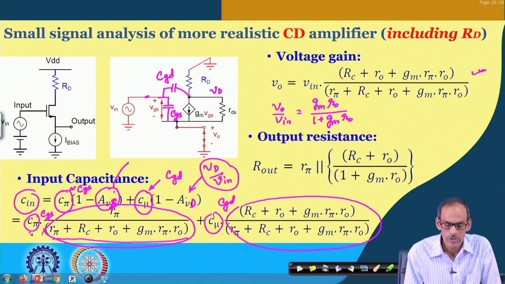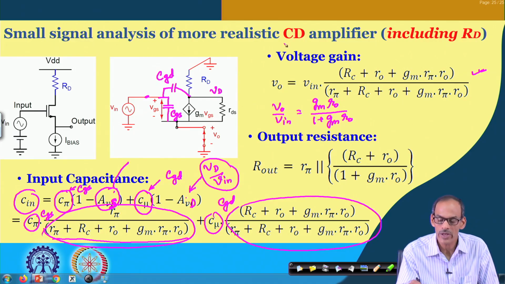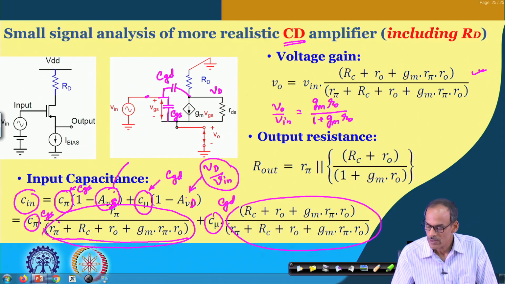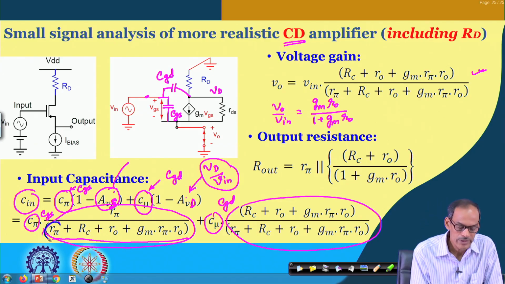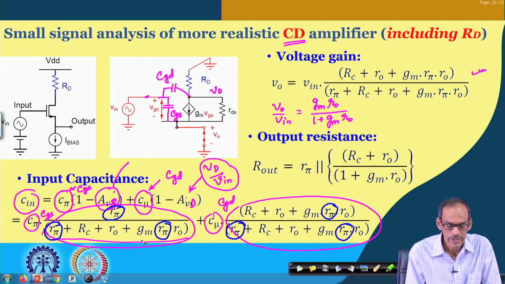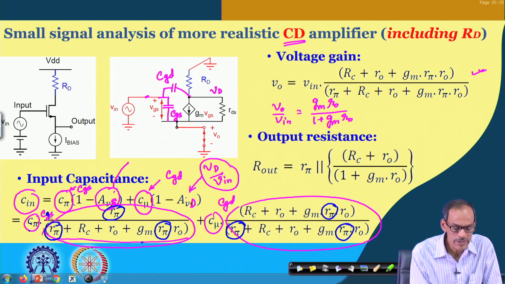Now, whatever factors we are writing here, of course, they are for common collector. To convert the equivalent factor for common drain, you have to make this term and this term dominating. So, in this case what we will be getting is that C in will be C G S multiplied by 1 divided by 1 plus G m into R naught.